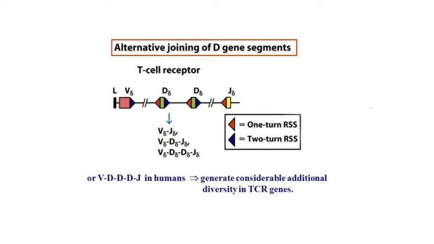Alternative joining of delta chain gene segments generates similar units. In addition, one D delta can join with another, yielding VDDJ delta and VDDDJ delta. This mechanism generates considerable additional diversity in TCR genes.